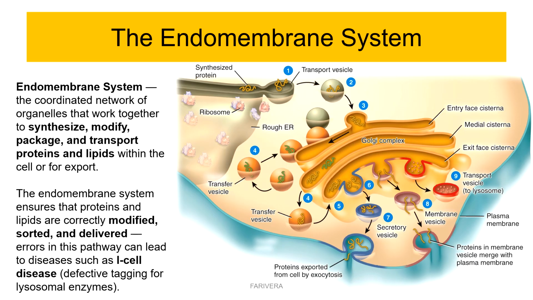A protein may begin in one location, be modified in another, packaged elsewhere, and eventually delivered to its correct destination. So if one part of that pathway is defective, normal cellular function can also be affected. This particular system is very important.